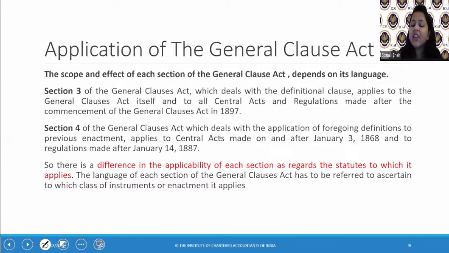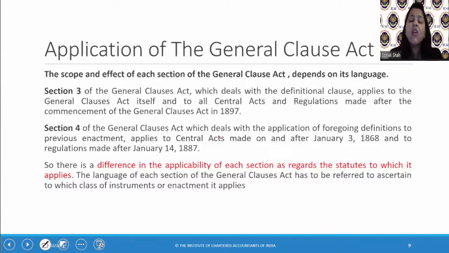So if this act came into force on 11th March 1897, it will be applicable on every act, rules and regulation that were made after 11th March 1897, correct? But under few circumstances, under few scenarios, certain provisions of this act are applicable retrospectively also. That has been provided for in section 3, 4 and the respective headings also.